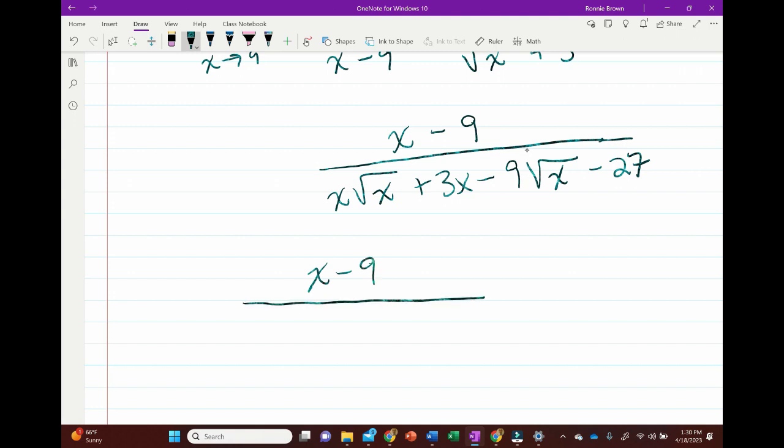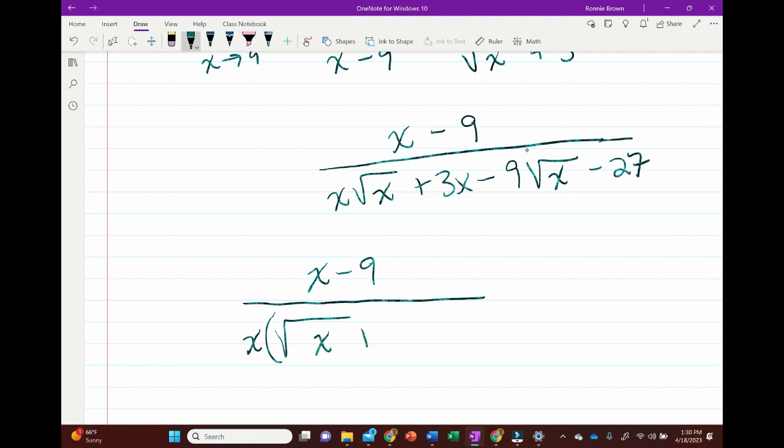But looking at the denominator, we can factor by grouping, right? Because it looks like I have the square root of x plus 3 that can come out. So let's take a look at it and you'll see it. So you have x times the square root of x plus 3.